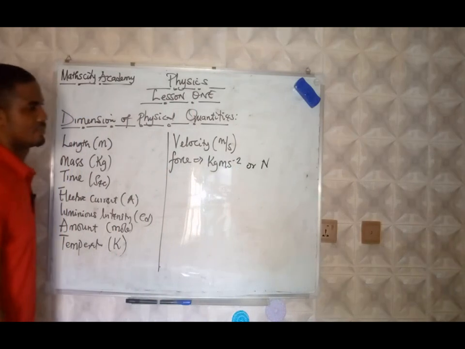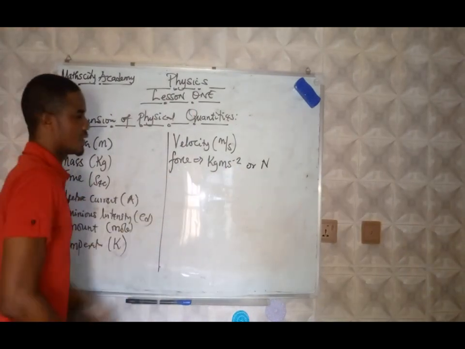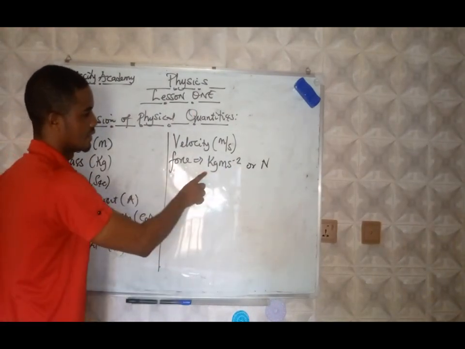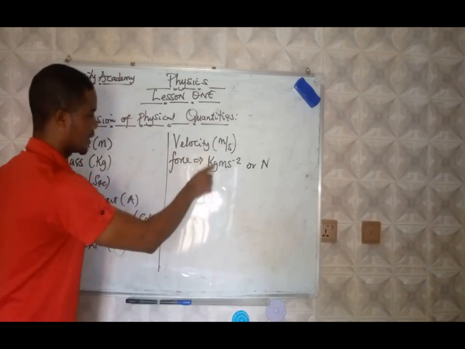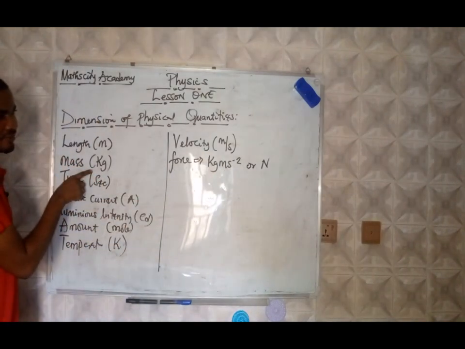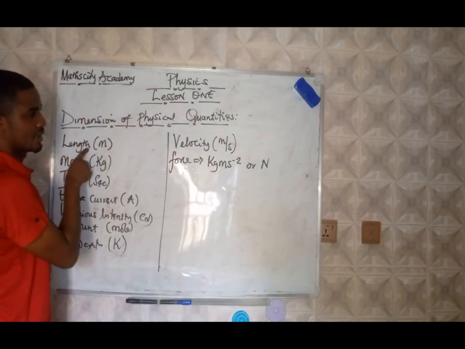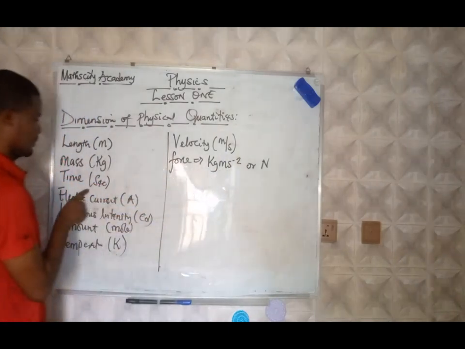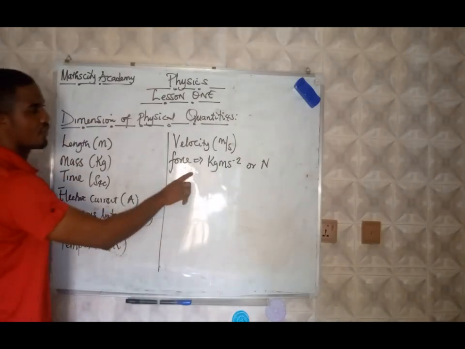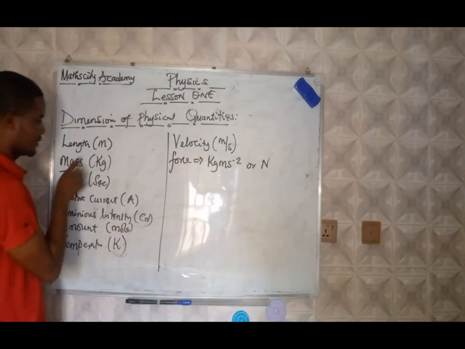You see that the unit of force is kilogram meter per second square. Watch now, kilogram was borrowed from mass. Meter was borrowed from length, and the seconds from time. So force is derived.